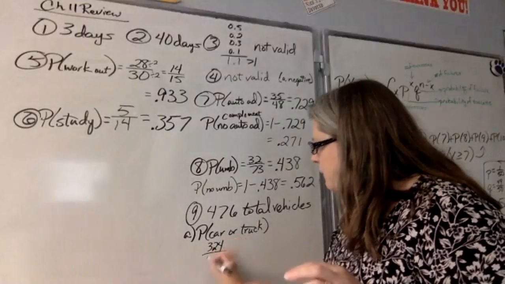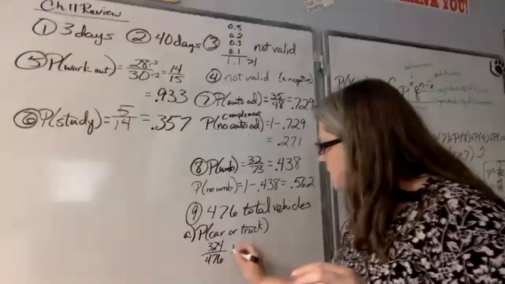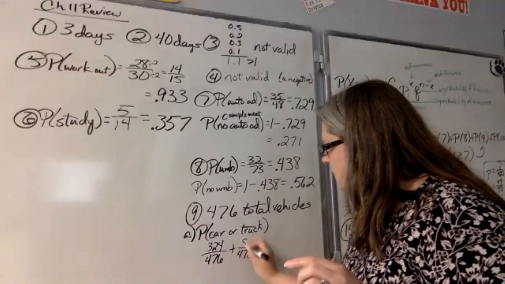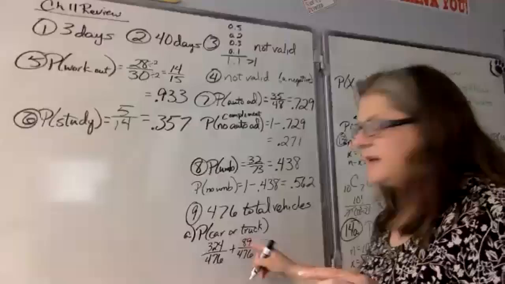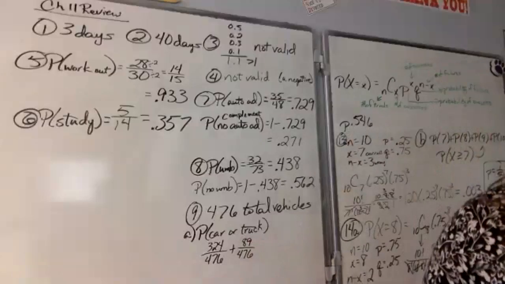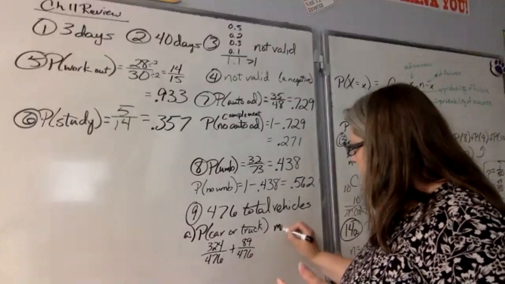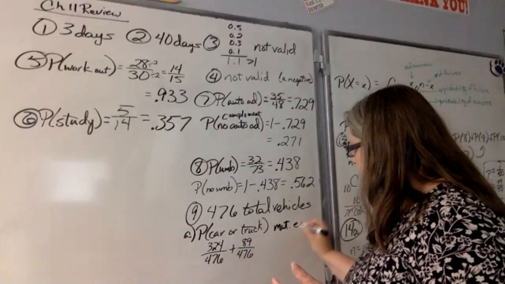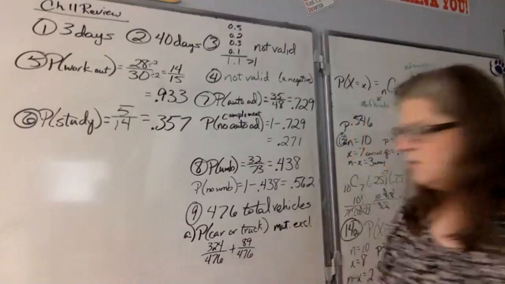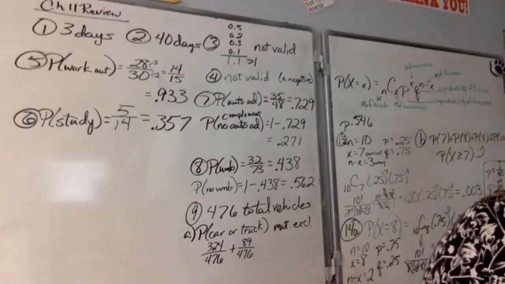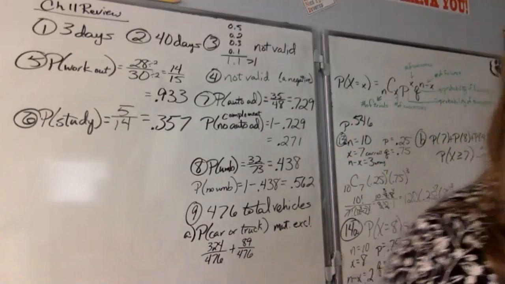Out of 476. And then how many trucks were there? 89. Out of 476. Add those two together. When they're mutually exclusive, you just add the 2 things together. So 324 plus 89, 413.